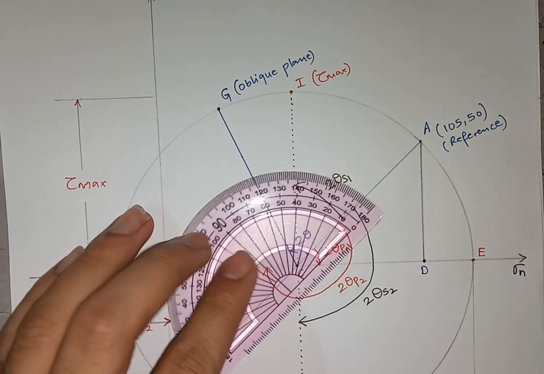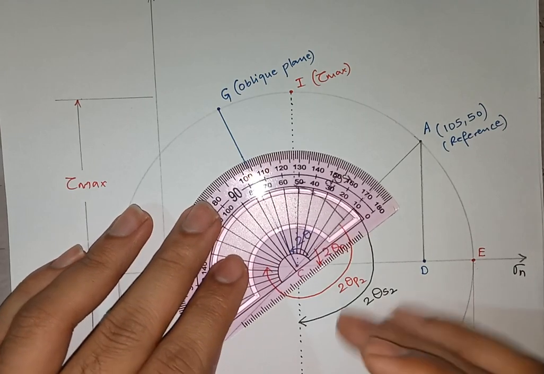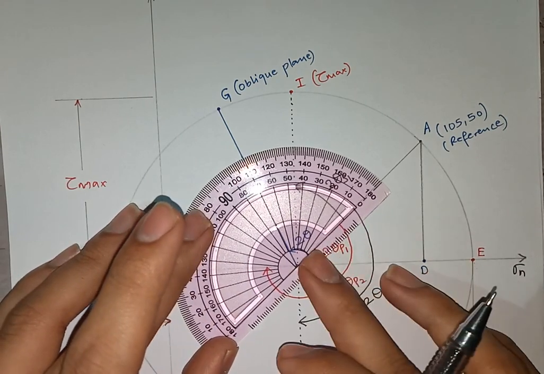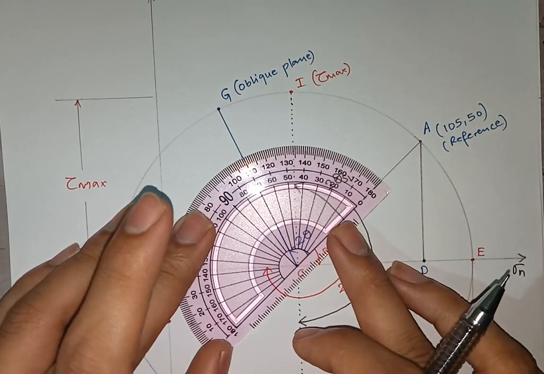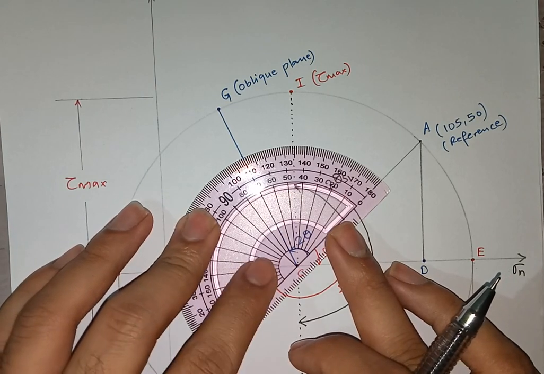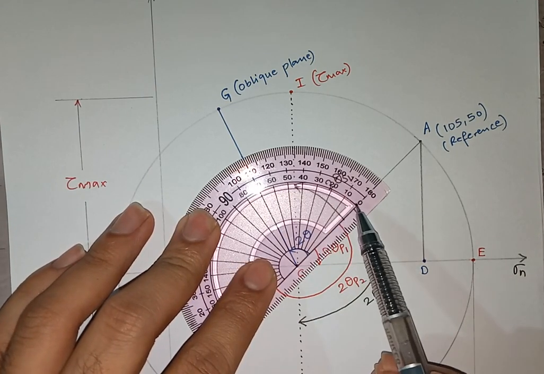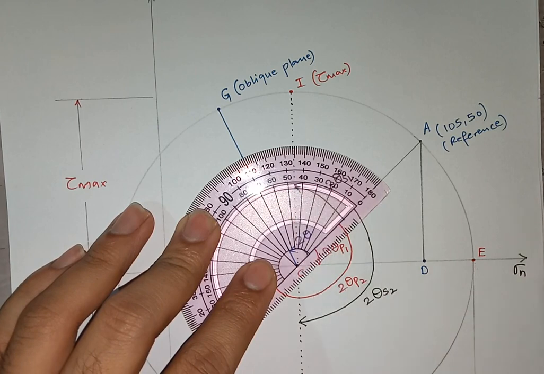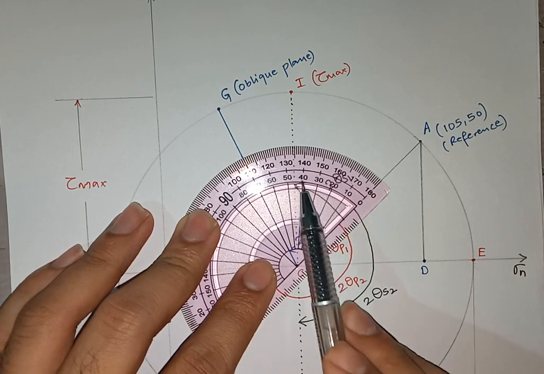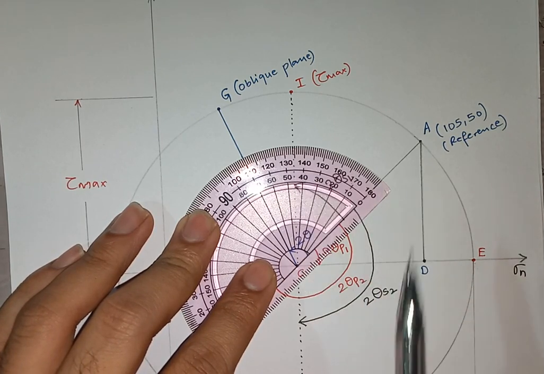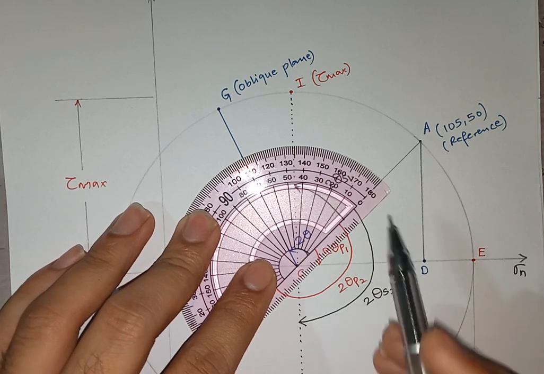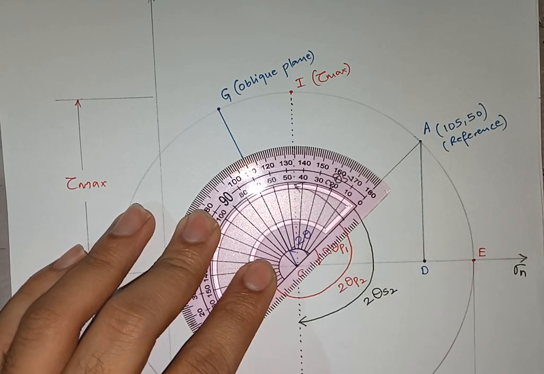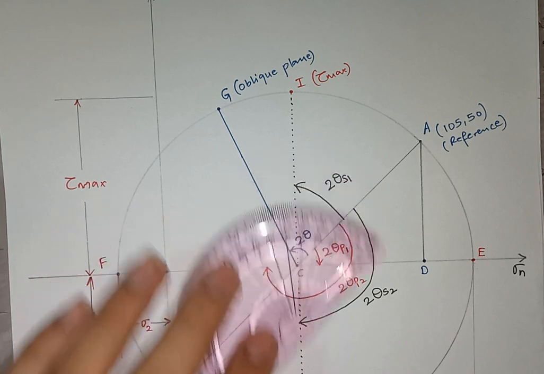Next, similarly, I also need to calculate 2 theta s1 with respect to the reference plane. So 2 theta s1 with respect to the reference plane is giving me minus 46, because it is anti-clockwise. I am taking it as minus 46 degrees.